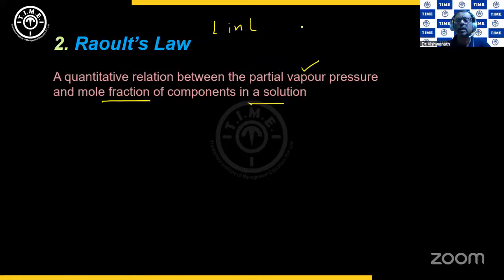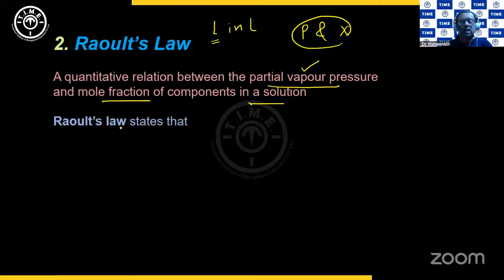Henry's law also is a relationship between P and X. This is also between P and X, right? But what P? It is a partial vapor pressure because it started with a liquid. So liquid will have a vapor pressure. There it was the partial pressure of the gas itself because it was already a gas. But here the liquid has been converted into gas. So that is vapor pressure.